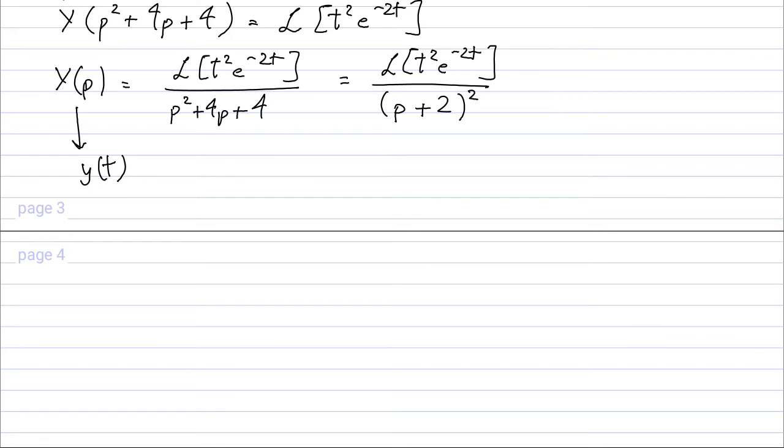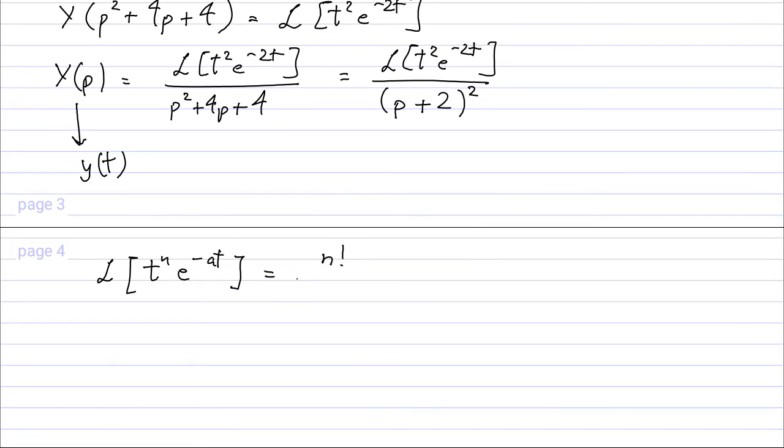Well, we remember the Laplace transform of t raised to power n e raised to power minus at is going to be equal to n factorial divided by p plus a raised to power n plus 1. So this numerator over here is exactly of this form.